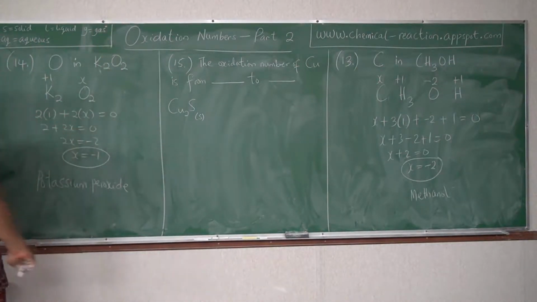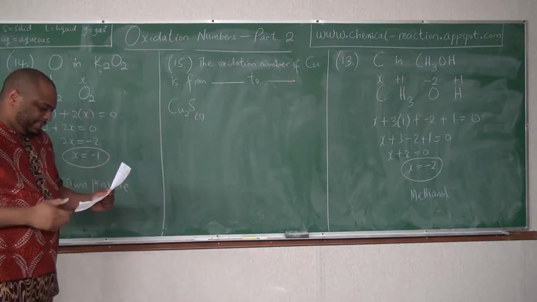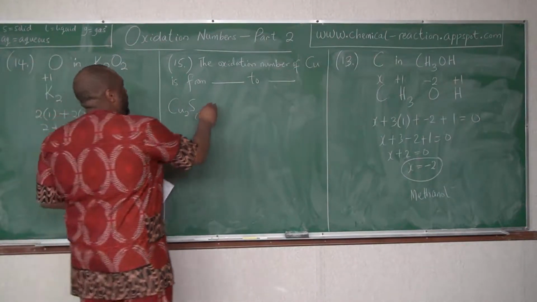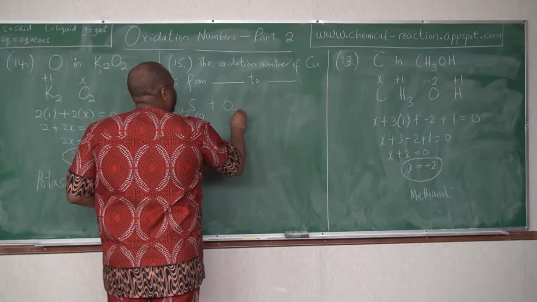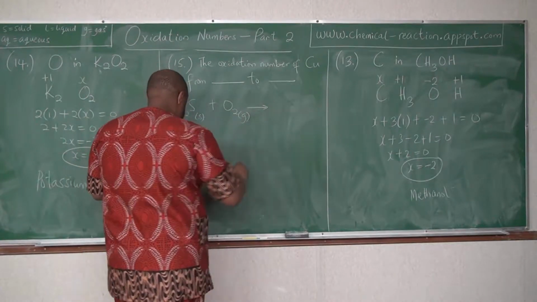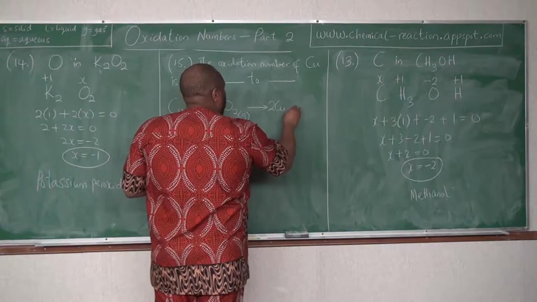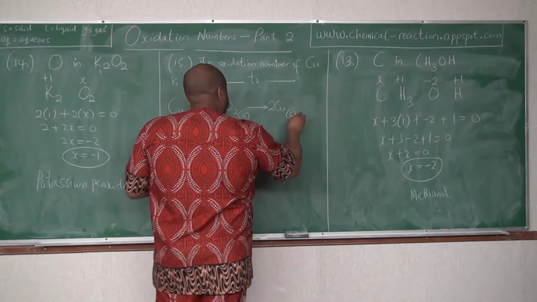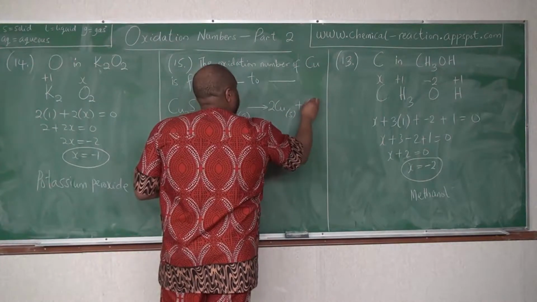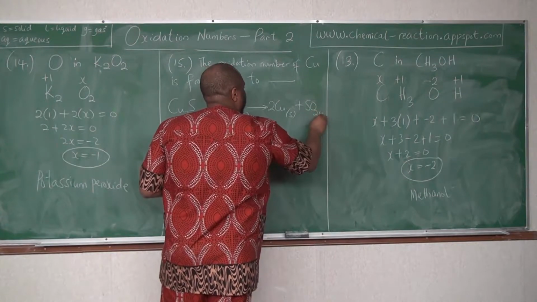So solid copper sulfide reacts with oxygen gas to give you 2 moles of solid copper and sulfur 4 oxide.